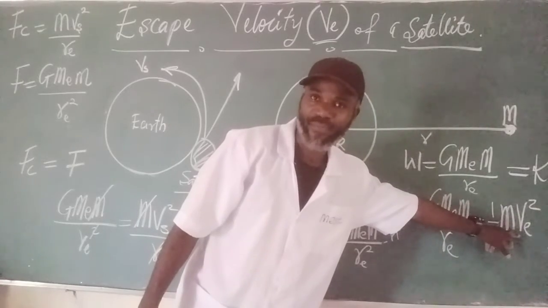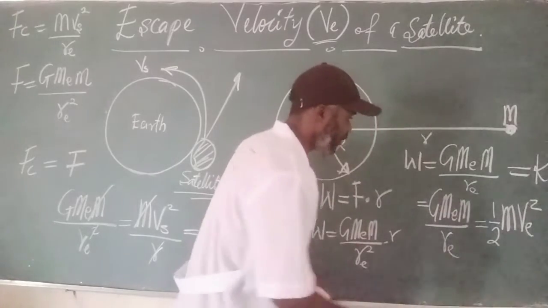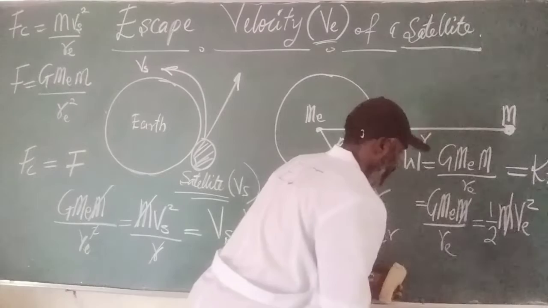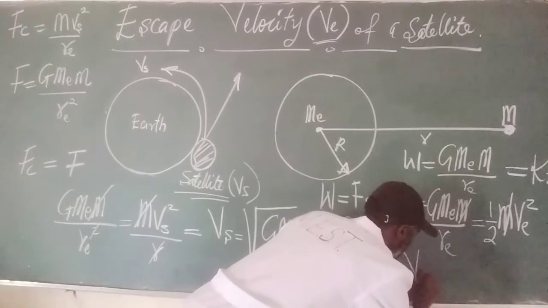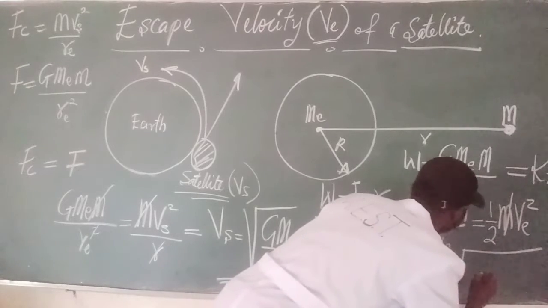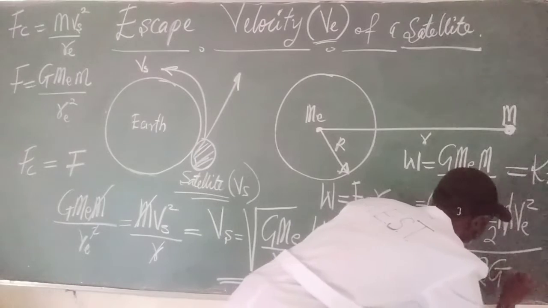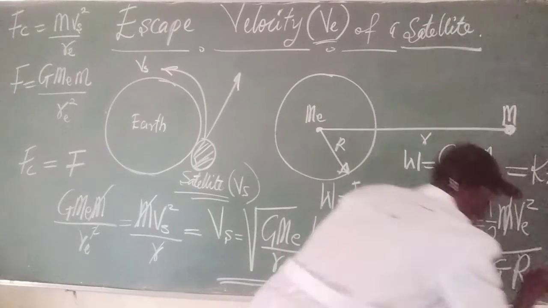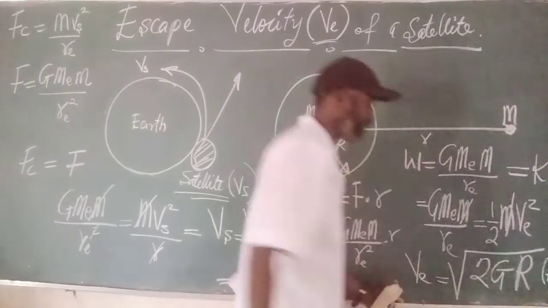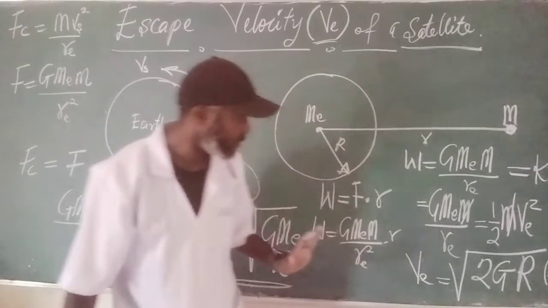By the time we make Ve the subject, remember that this m, we take care of this m, and then Ve, being the escape velocity of the satellite or the object, is now the square root of 2G Me over Re.